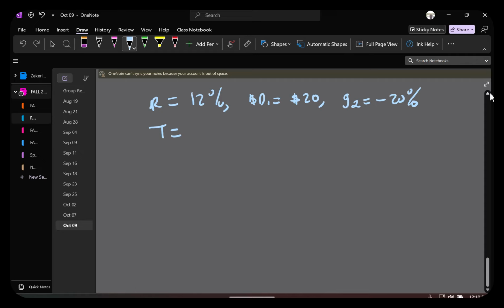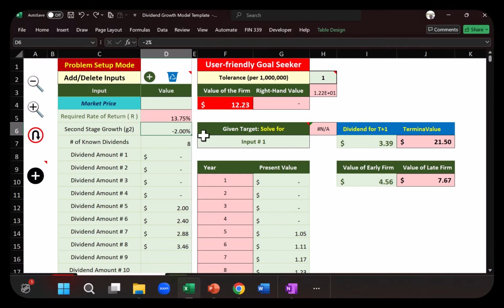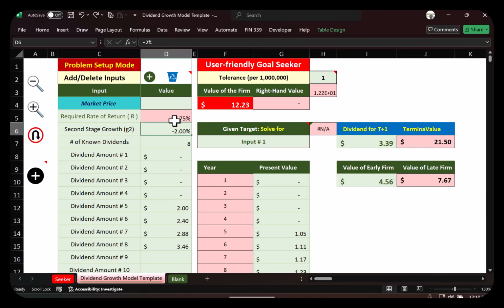One, just next year. Okay. And the growth is negative 20%. So this company is worth $62.50. That's a lot of money.